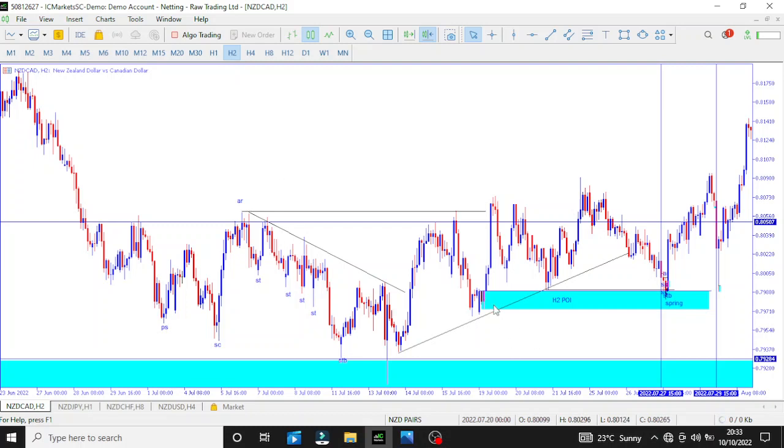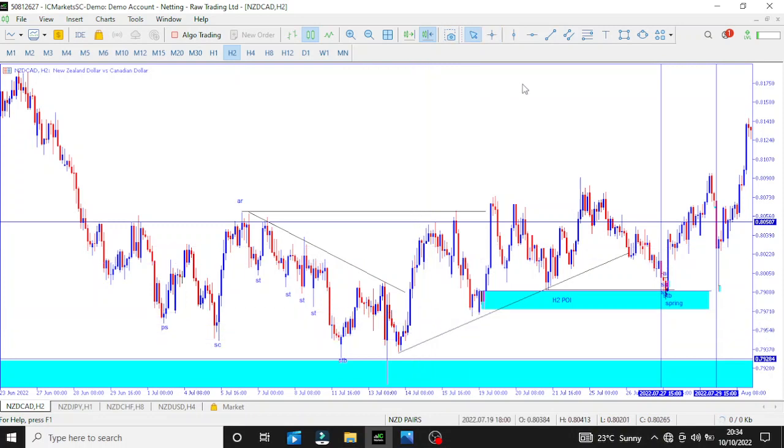The reason I took this H2 point of interest is because this is the last unmitigated point of interest. You see, the price mitigated this point of interest.